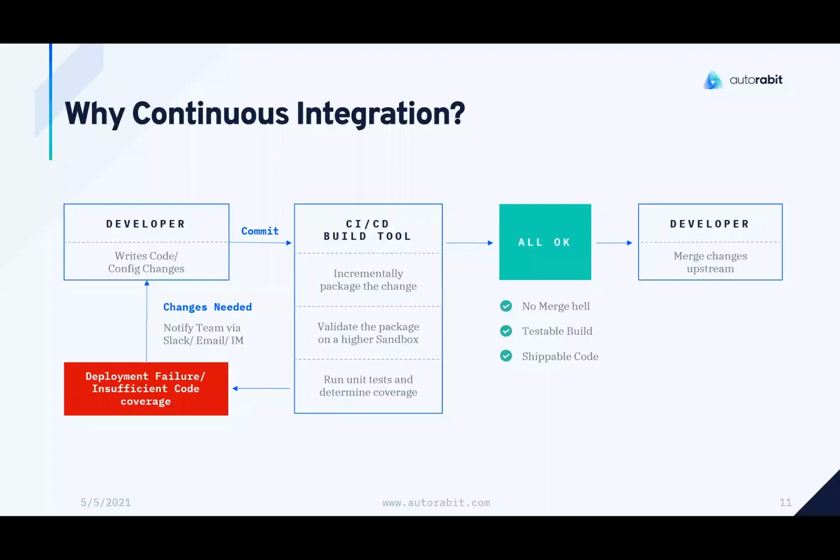So when you talk about continuous integration, what AutoRABIT basically does is you can think of us as a tool that packages your metadata members from a source environment, be it a version control or a Salesforce environment, and then reads the metadata and parses it so that it deploys only the changes in metadata to the target.